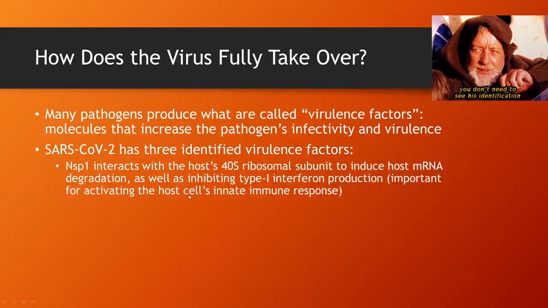coronaviruses. So one of them is NSP1, which interacts with the host 40S ribosomal subunit to induce host mRNA degradation, as well as inhibiting type 1 interferon production. So essentially what this means is, remember how I said that the viral genome, the positive sense RNA, actually has a higher affinity to the ribosome than the regular host cell's mRNA?